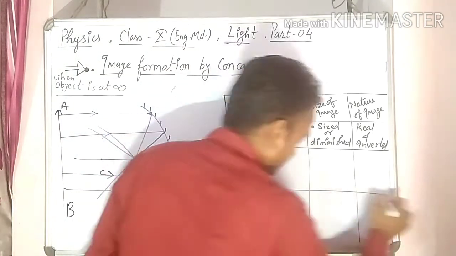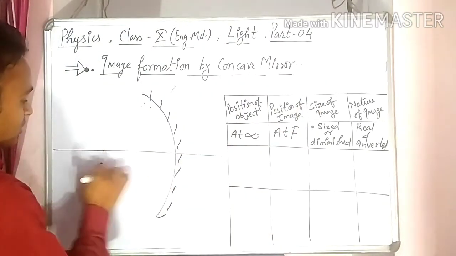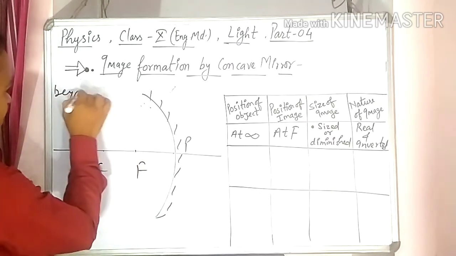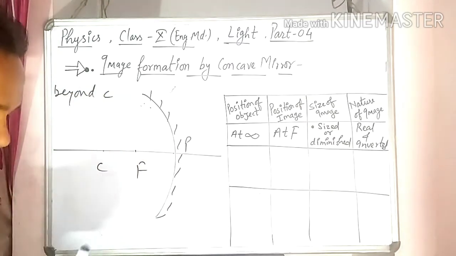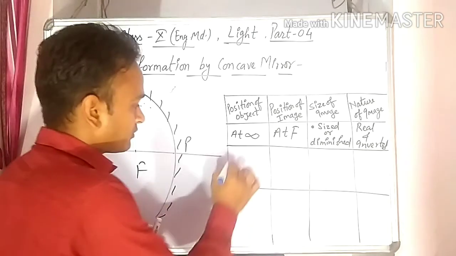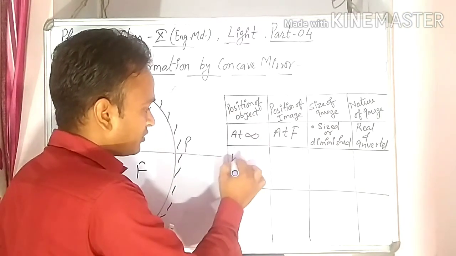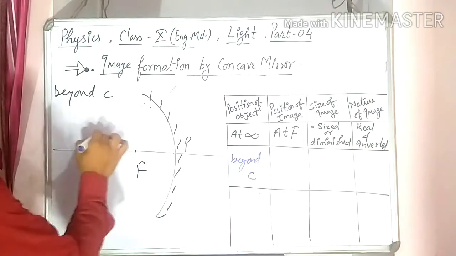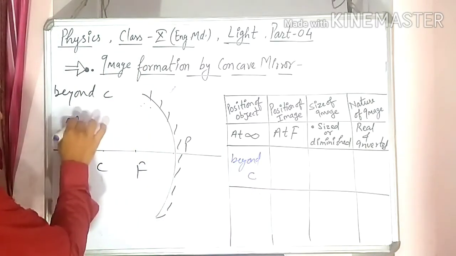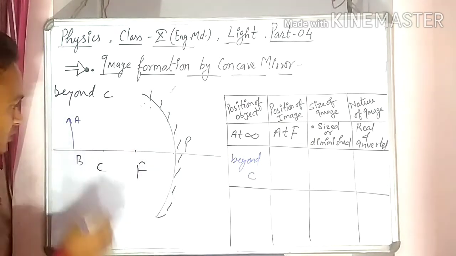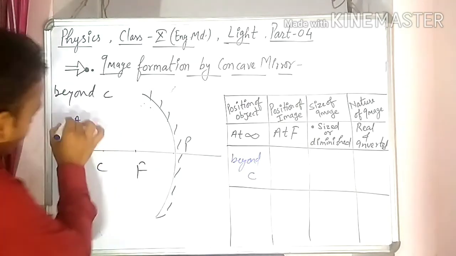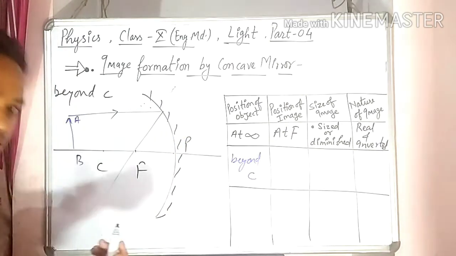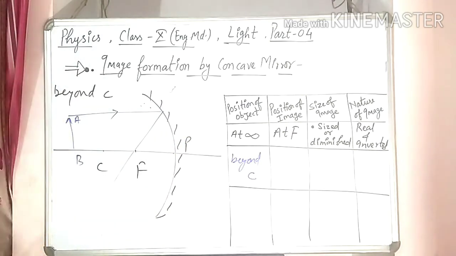Next, now the object is beyond C. So first of all, fill the table. Where is the object? Beyond C. Okay, here A or B is the object. We know that a ray of light which is parallel to the principal axis will pass through the focus. We have to draw two lines at least.